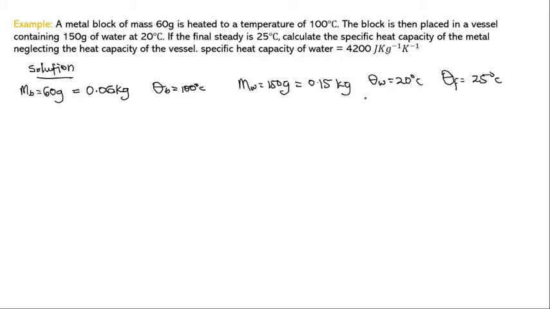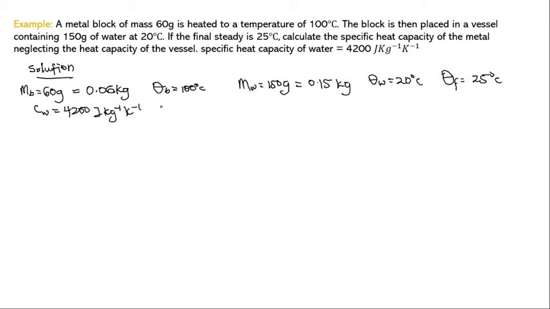So we have to calculate the specific heat capacity of the metal, neglecting the heat capacity of the vessel. We have the specific heat capacity, small c of water, is 4,200 joules per kilogram per Kelvin.